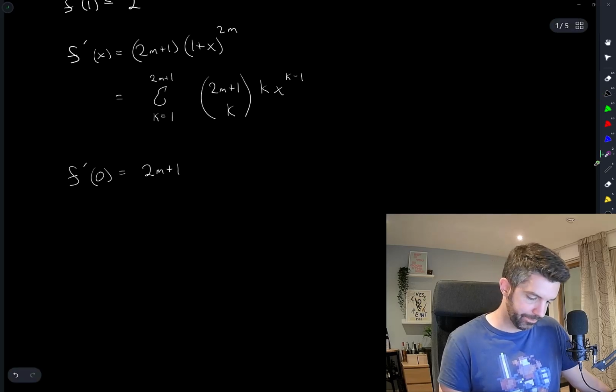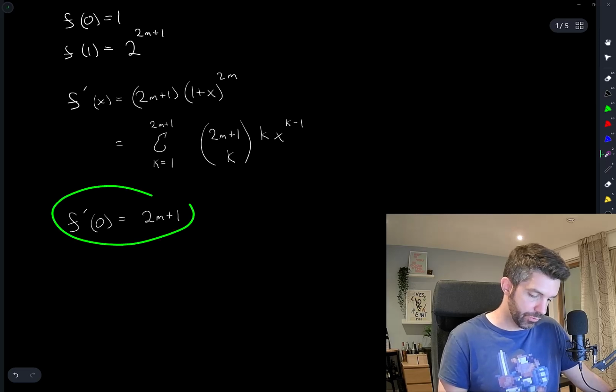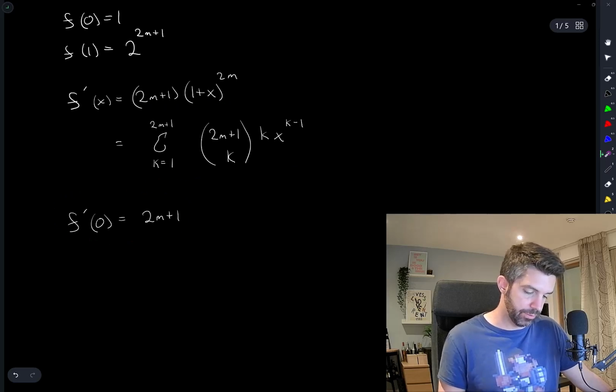We can also see that this is true regardless of which of these two things we start with. Obviously, if I substitute x equals 0, this whole thing becomes 1. But you see it here as well. If I substitute x equals 0 here, then every single one of these terms becomes 0 except when k is equal to 1.